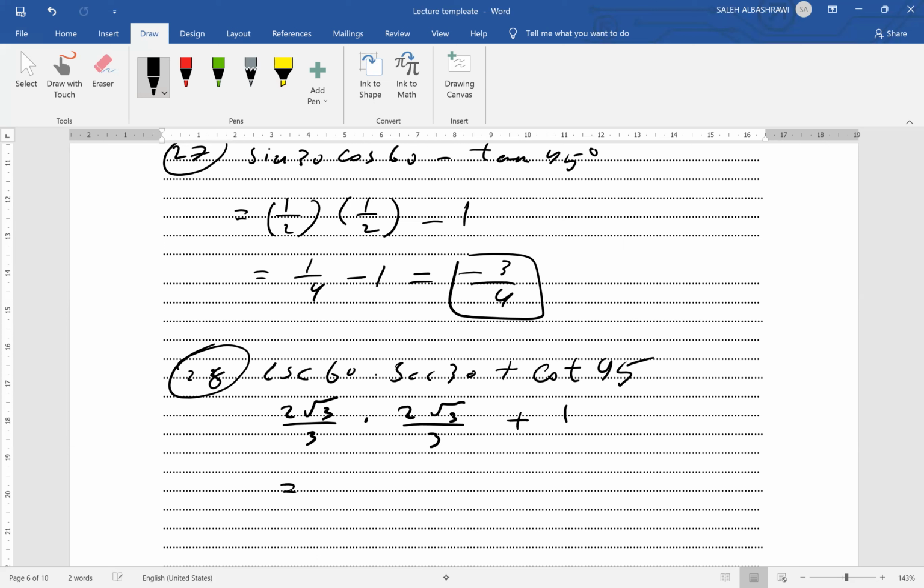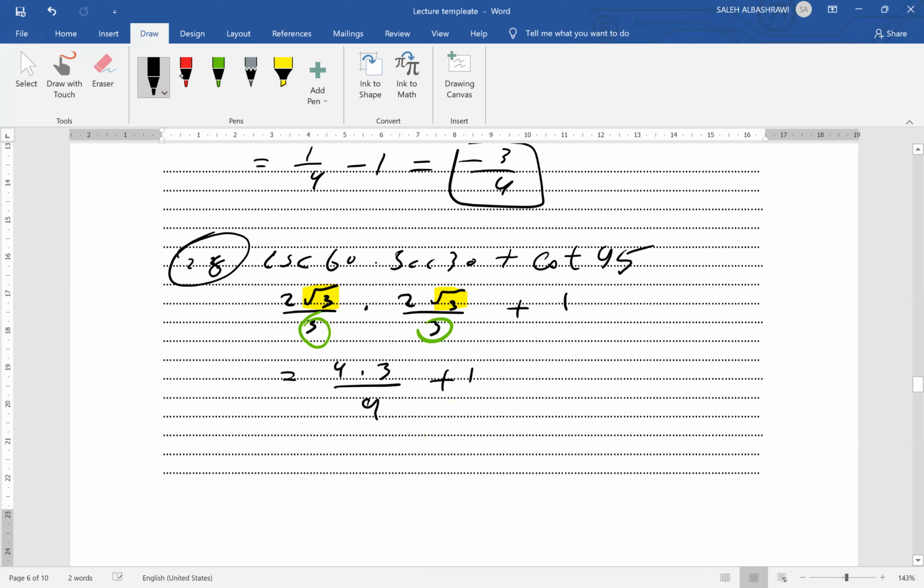So this is equal to 2 times 2, which is 4 square root. The square root will cancel, so I will have only 3 divided by 3 multiplied by 3, which will give me 9, plus 1.